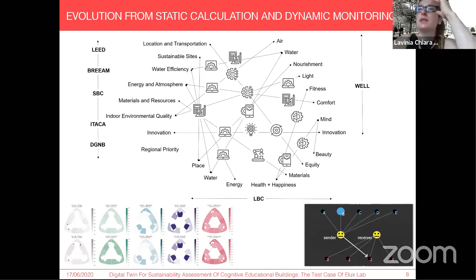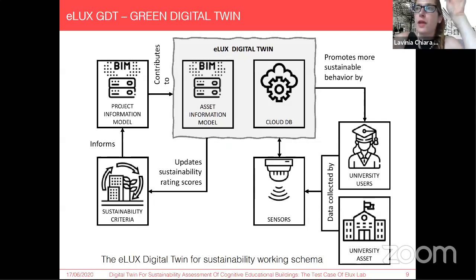So the idea is to extend this, and we tested this framework of a green digital twin. So we want to use the sustainability criteria starting from the protocols and using the BIM information model to create this digital twin, where we have the asset information model and a cloud database where we are collecting data coming from the sensors that are installed in our building, and also trying to promote the sustainable behavior of our users.